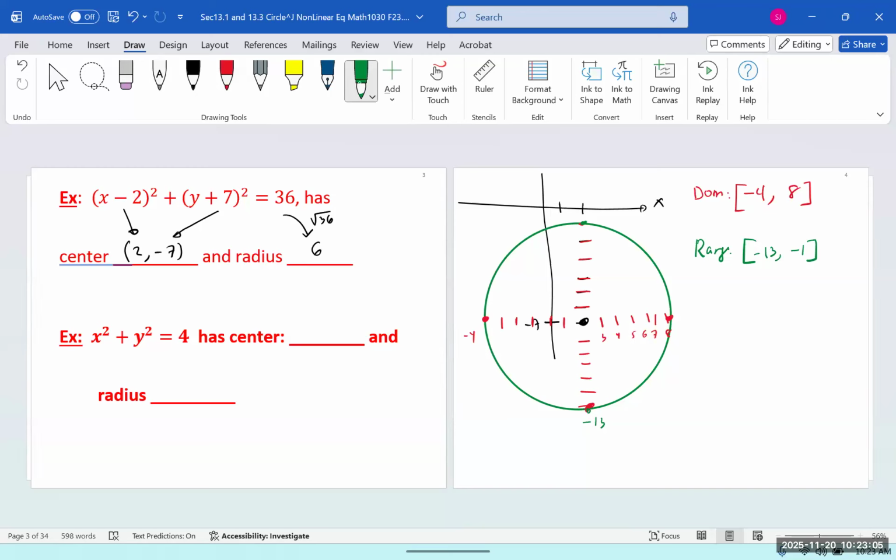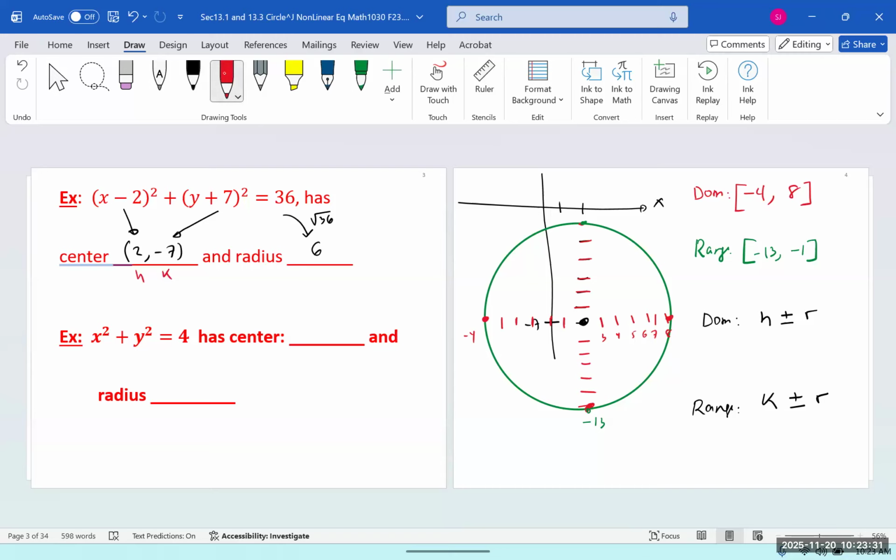If you don't want to draw your circle, you can still find the domain and range. To find the domain, it's h plus minus radius. And to find the range, it's k plus minus the radius. What does it mean? In our case, this is our h and this is our k.